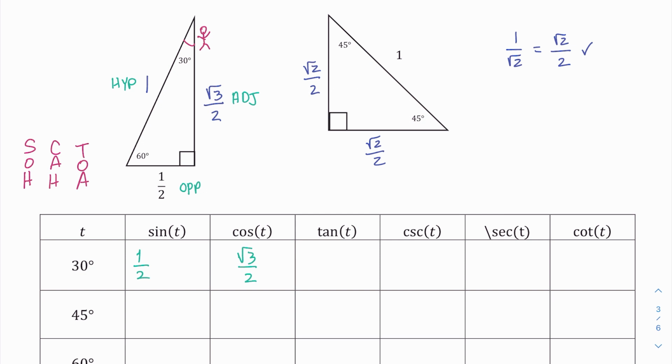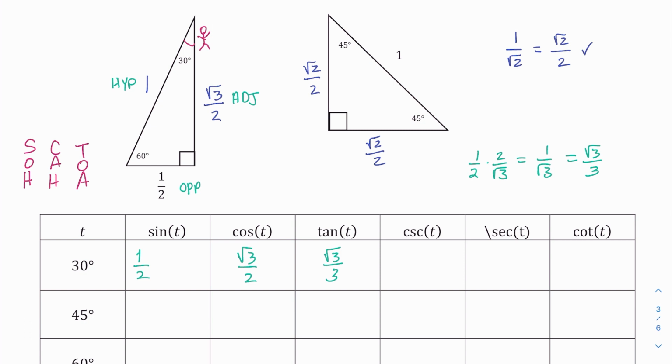For tangent, I have opposite over adjacent, so that gives me 1/2 over √3 over 2. So let's see, I'll do that on the side here. 1/2 divided by √3 over 2 is the same as 2 over 2√3. That gives me 1 over √3, which, rationalizing the denominator, gives me √3 over 3. So √3 over 3 goes down here.